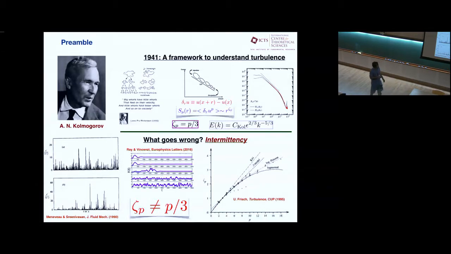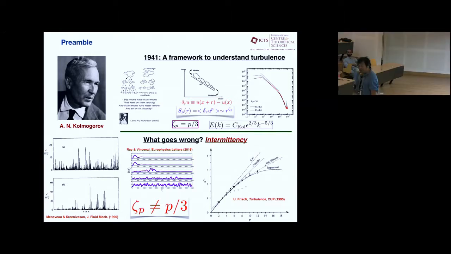A more immediate consequence for this talk is the scaling exponents of equal-time structure functions: you take the velocity differences across a scale r, then take its moments, and if you follow the prescription of Kolmogorov, you end up with scaling exponents which are linear in p.